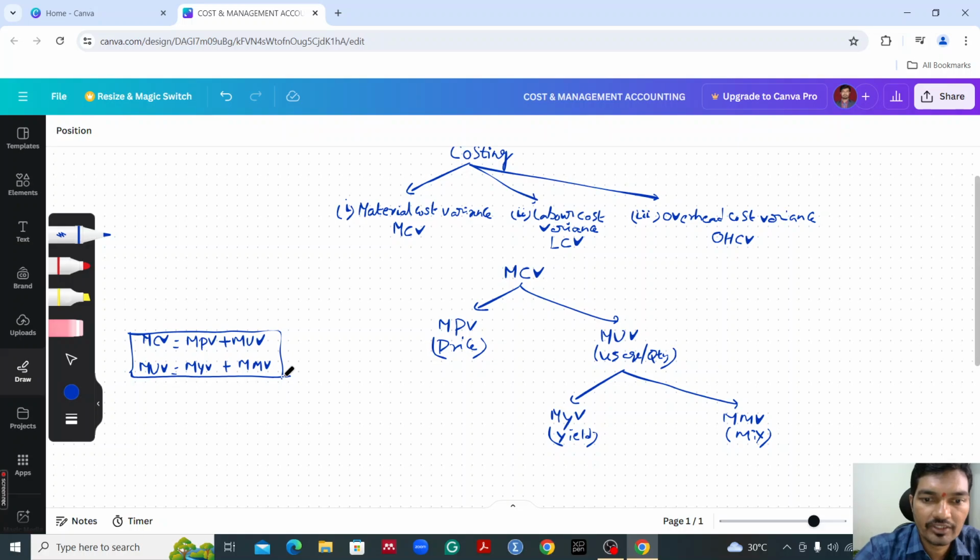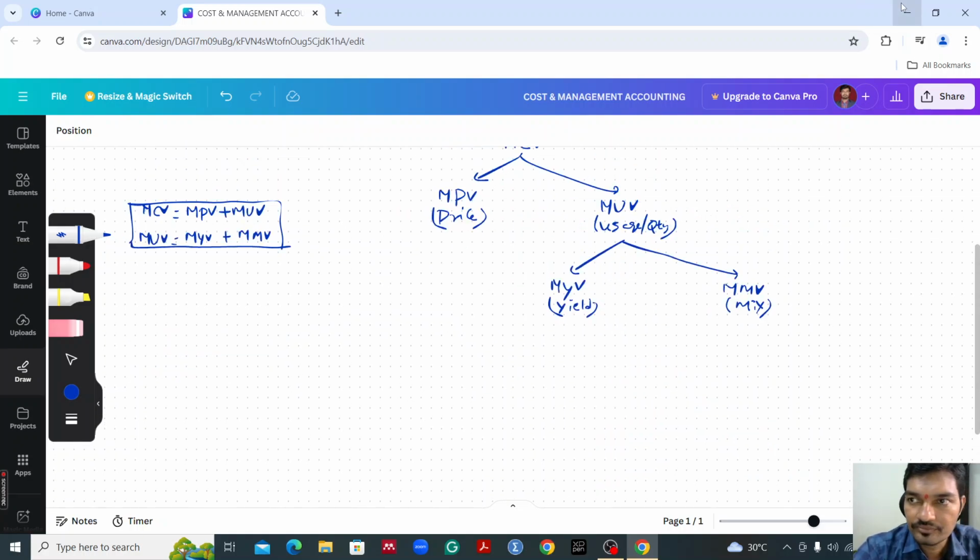So first we'll start with one predefined sum.